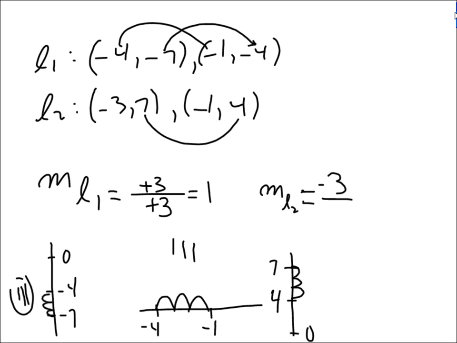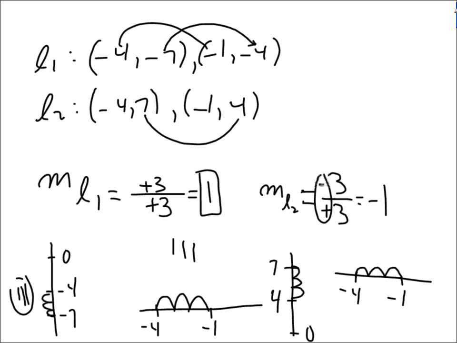You go from negative 4 to negative 1. Negative 3, negative 2, negative 1. You went up 3. Negative over positive is negative. 3 over 3 is 1.